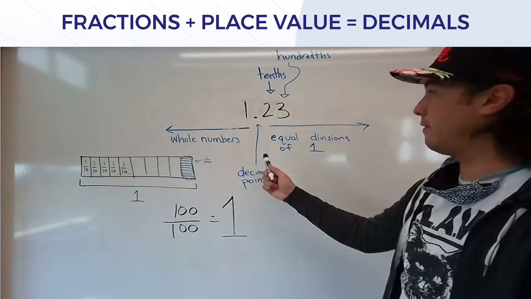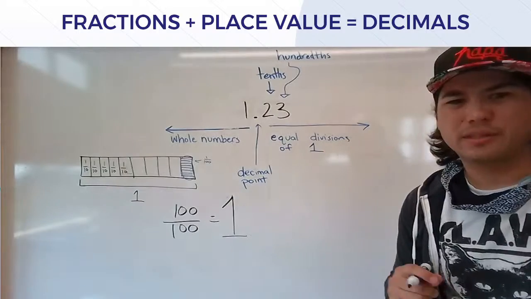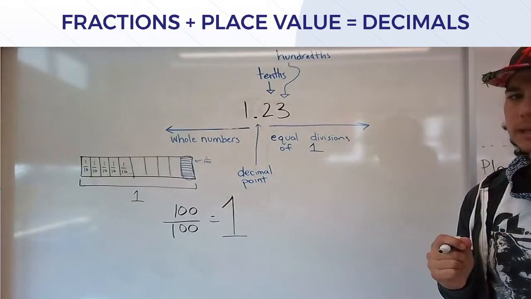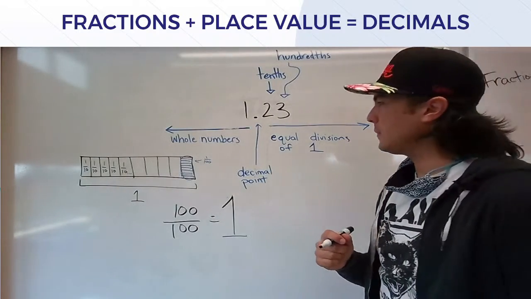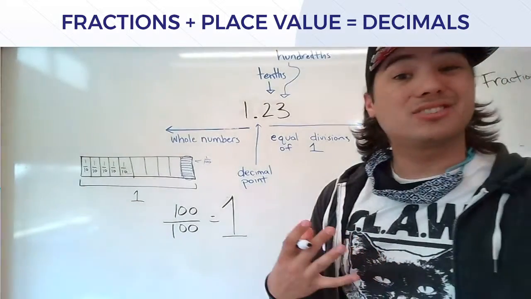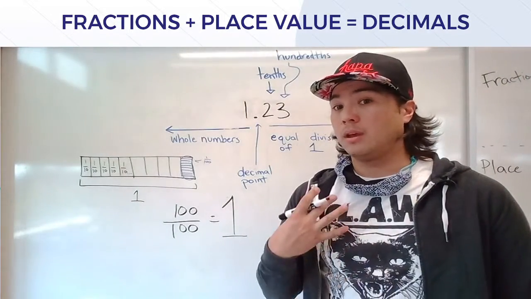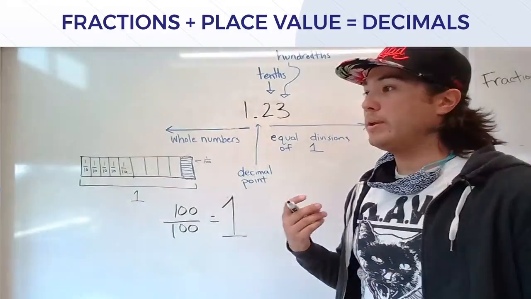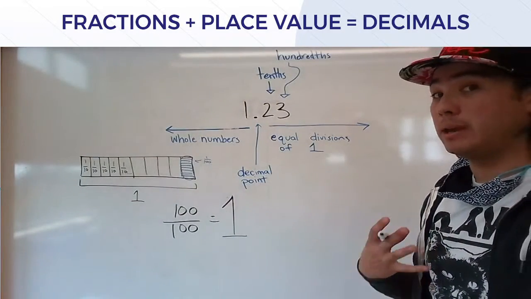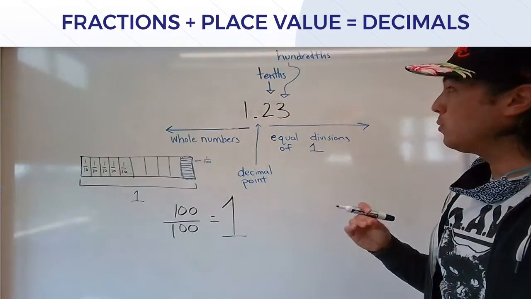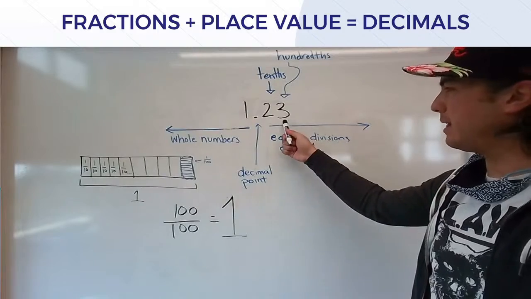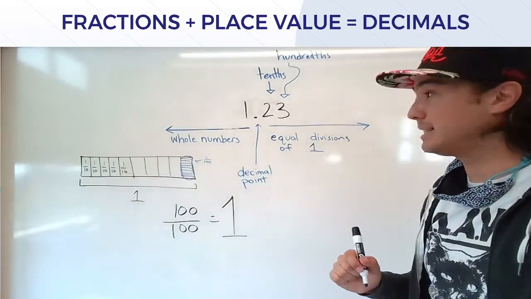So in this case, we have 1 and 23 hundredths is how we would say that. A couple of things just to review. Important to note when we're naming decimals, we always name it by the last place that has some value in it.